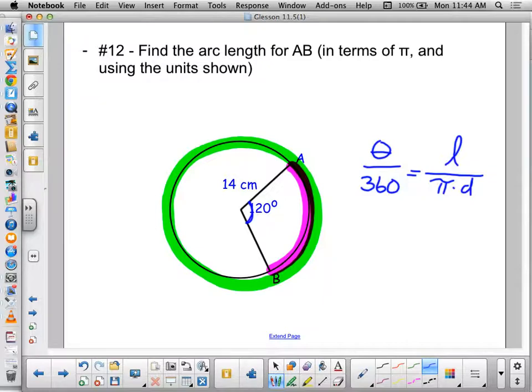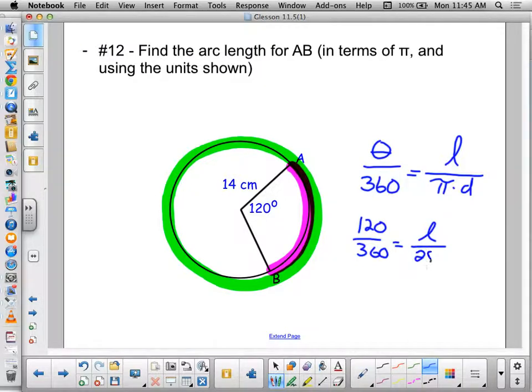Now in this case, it's just the arc length. So all we have to do is we put our central angle in, 120. It's 120 over 360. Arc length is what's unknown, so we put that on top. Now, the circumference of the circle, we do know the radius is 14, so the diameter is 28.